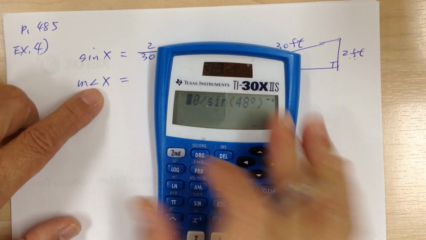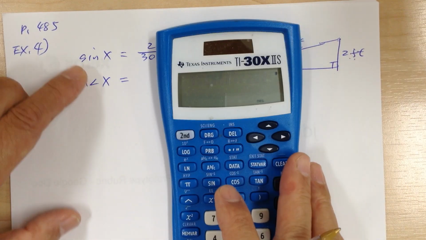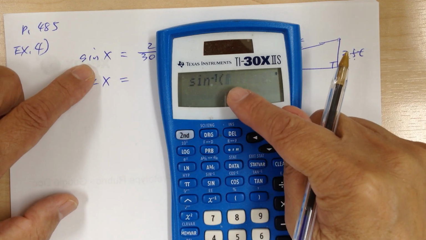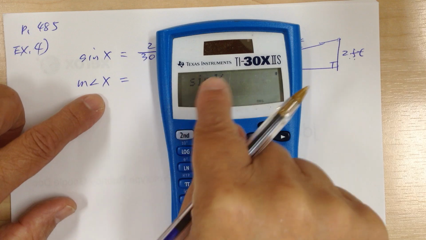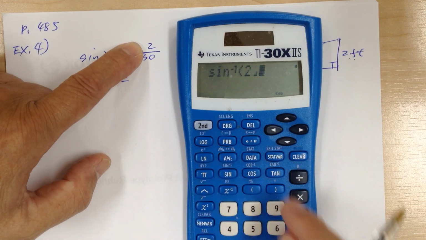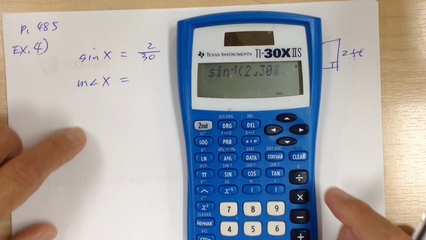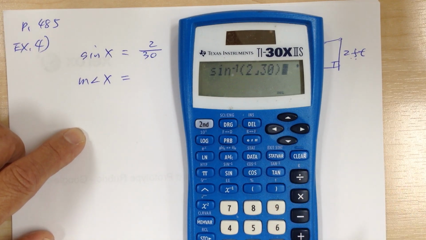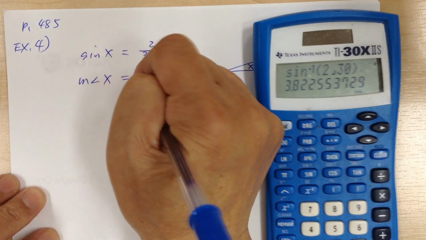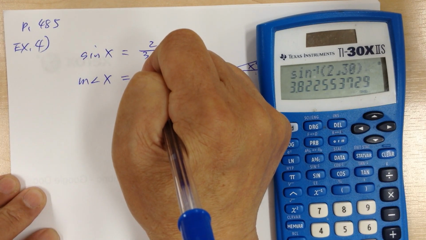Again, to find the angle, you have to use the inverse function, so you go inverse sine. Whenever you're looking for an angle, you have to use the inverse function of 2 over 30. So inverse sine of 2 over 30, closing parentheses, push equal. So you got 3.8 degrees.